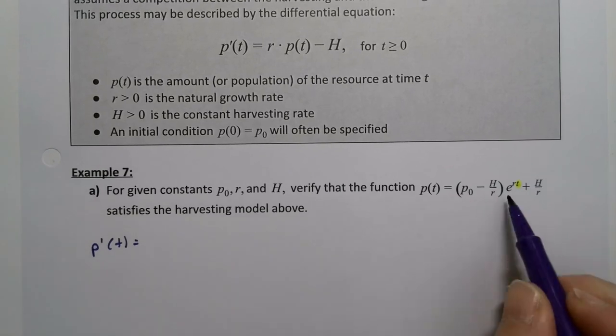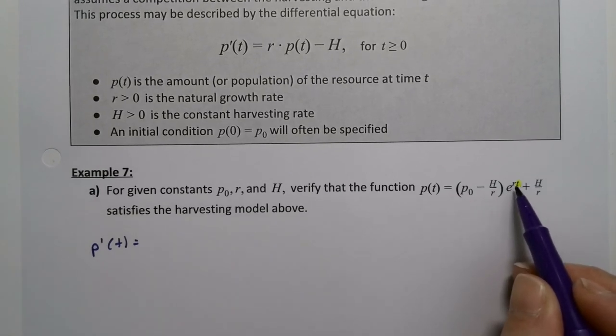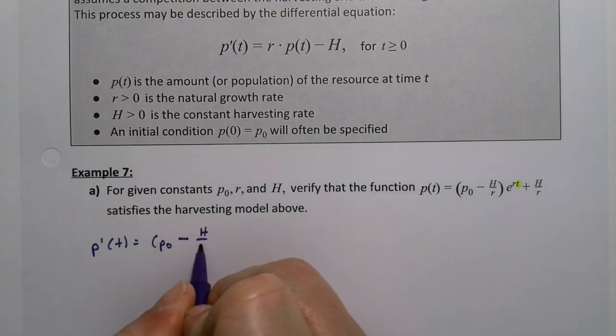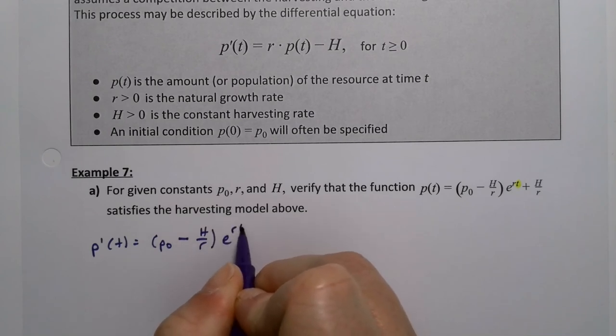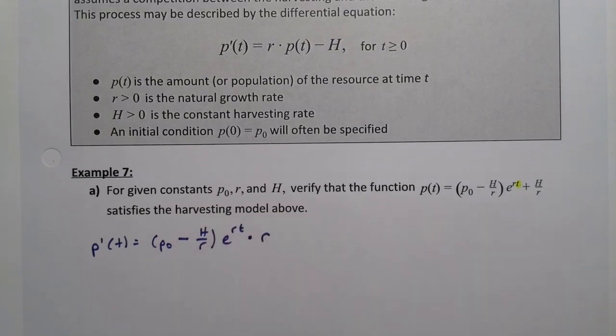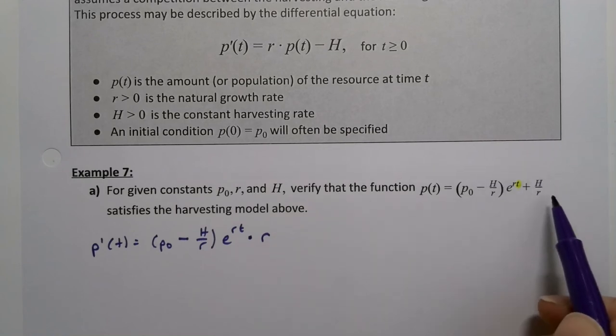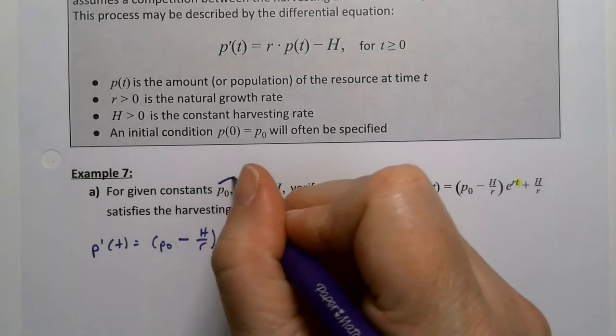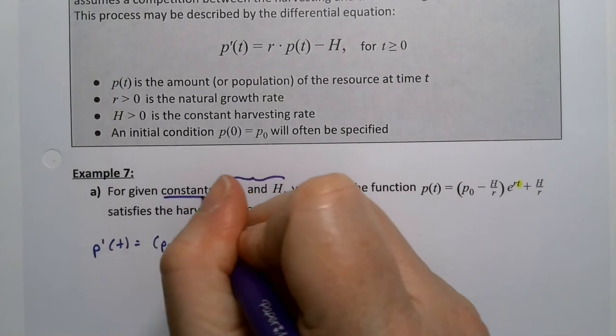And of course, the derivative of e to the something is e to the something multiplied by the derivative of the inside. So it'll be (P0 minus H over R) e to the RT times R. And then the derivative of H over R would be 0 because that's constant, right? So you're assuming all three of these are constants.